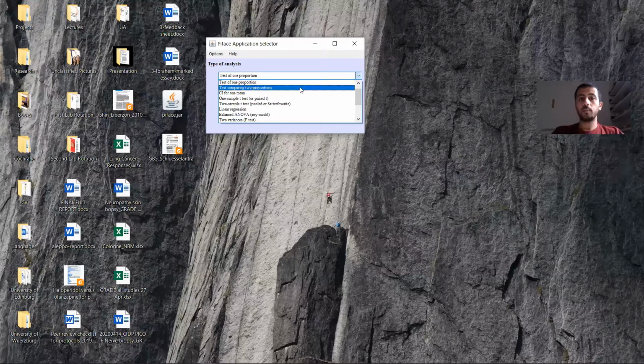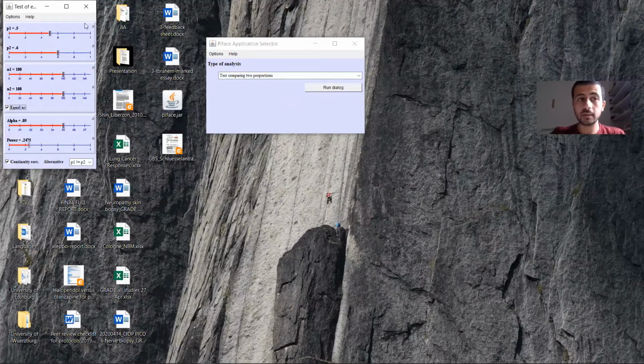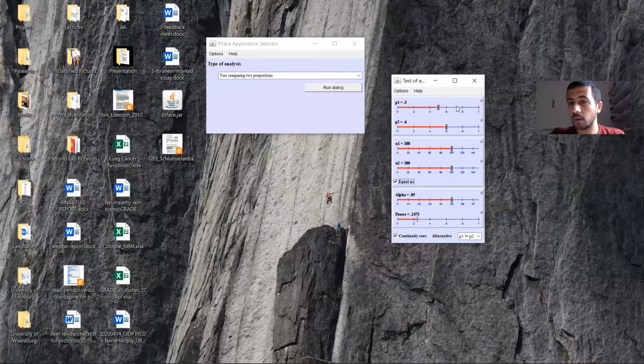Is test comparing two proportions. I'm going to gather some controls and some patients, and I will do a comparison of those two proportions. I will also need a power. Okay, right? I will need a power. But what is the difference in here? Remember that it is quite similar.